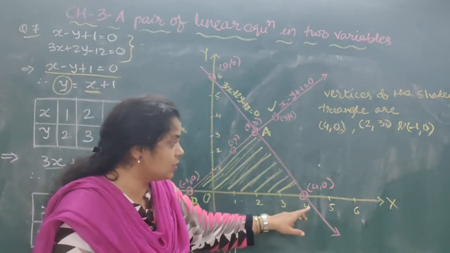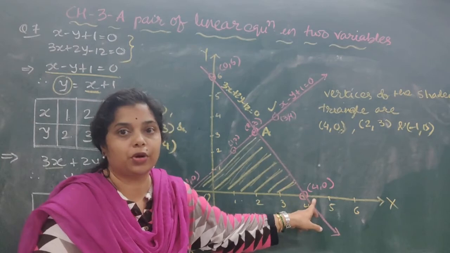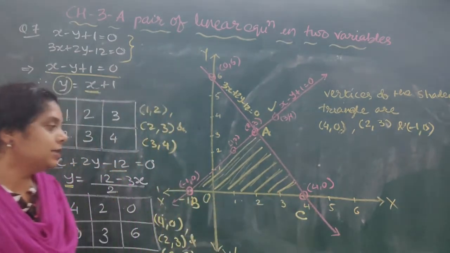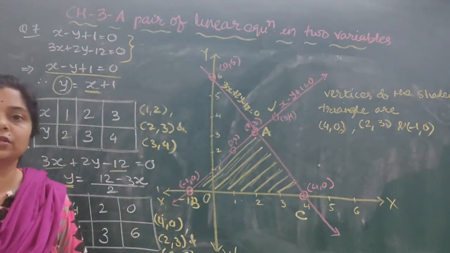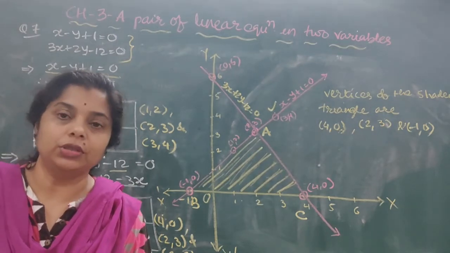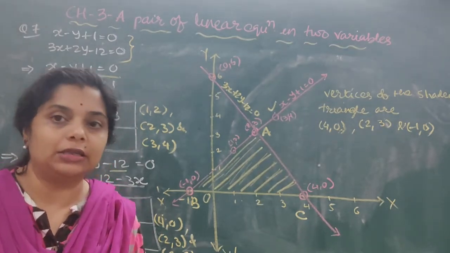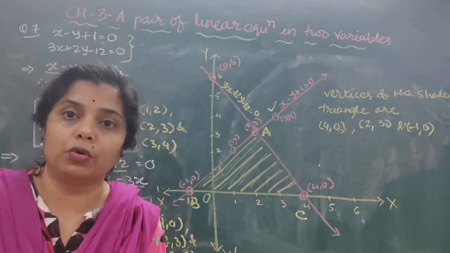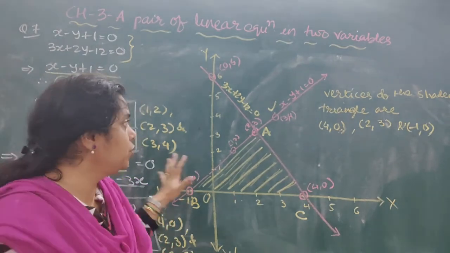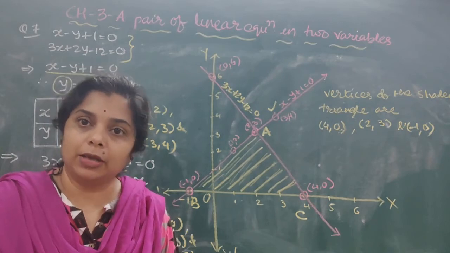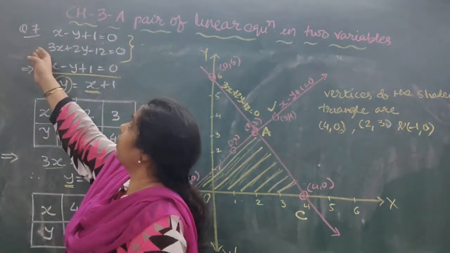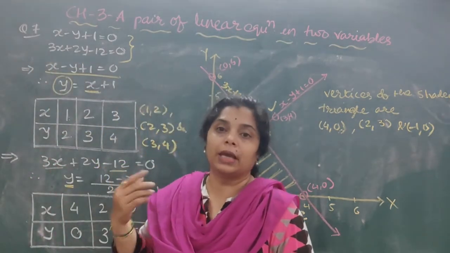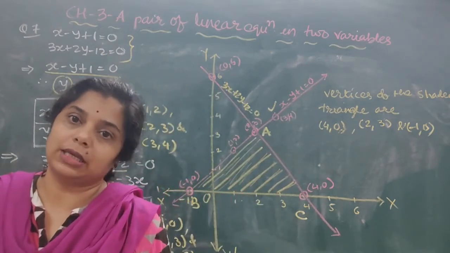And on the x-axis, again, the other intersection point is (4, 0). So in this way, you can solve such questions. And mostly this type of question is asked for 4 marks. Okay. I hope you got the concept and you are able to solve it if another pair of equations is given to you and asked to find the same thing.